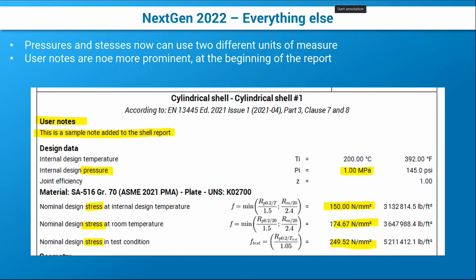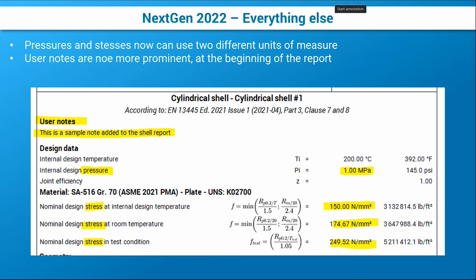They are now split in two, and you can have different units for pressure and stresses. This is especially helpful if you are working with the bar for the pressure, because it's not very beautiful to have bar when expressing a stress. So you can now have this option in the calculation report options.